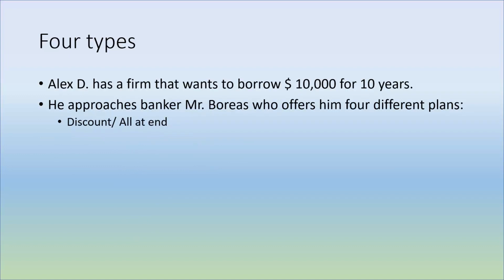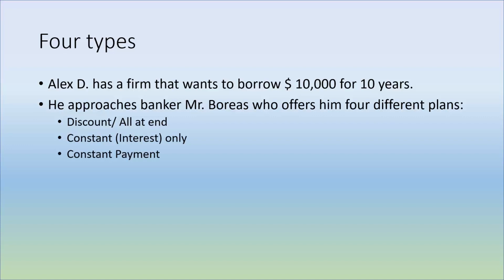Discount loan is the one in which everything has to be paid at the end, principal and interest. Then there is an interest only loan, in which interest is paid, and then in the end the principal is repaid in total.